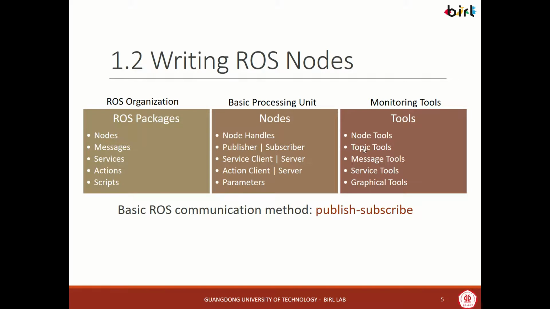We can also have tools that study not the nodes, but the topics that exist in the graph in general, and we might want to know what is the message type of a particular topic, what's the frequency of publication of a topic. We might want to know the bandwidth, how much memory or how much bandwidth it's using.